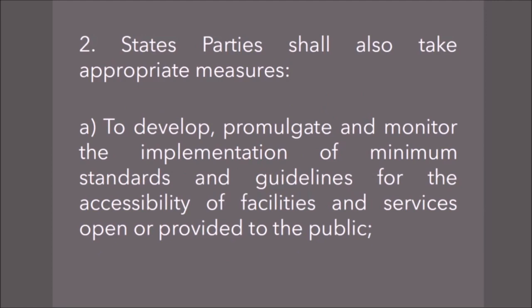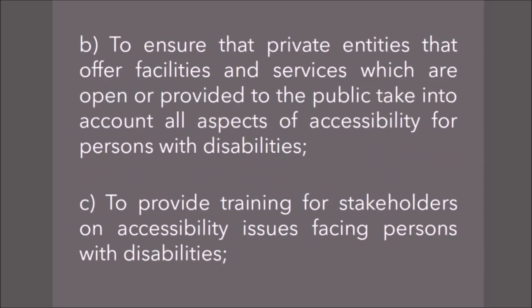2. States parties shall also take appropriate measures: a. To develop, promulgate, and monitor the implementation of minimum standards and guidelines for the accessibility of facilities and services open or provided to the public. b.